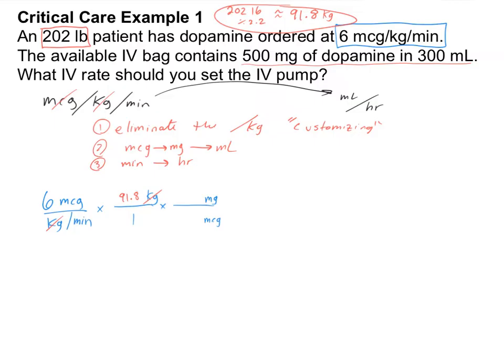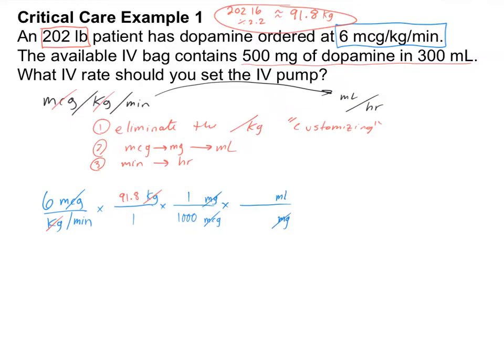I can use the milligrams to milliliters conversion factor. And I know 1 milligram is equivalent to 1,000 micrograms. If I were to stop right now, I would know the total number of milligrams per minute the patient would be receiving. Not what I want, so now I want to cancel out milligrams. Milligrams needs to be in the denominator to cancel it out.